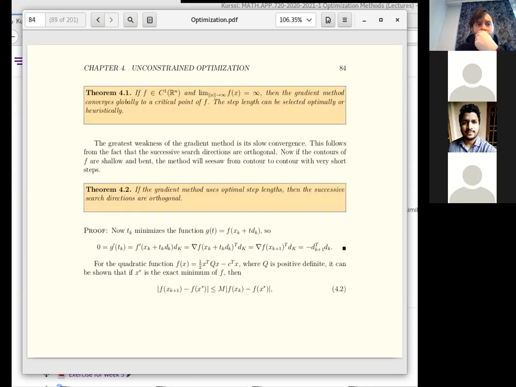And if we do it this way, we can prove that the successive search directions are orthogonal, meaning that we go in some direction and then we move 90 degrees to some other direction, go there, do it again, and so forth.